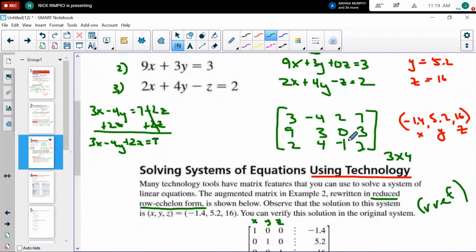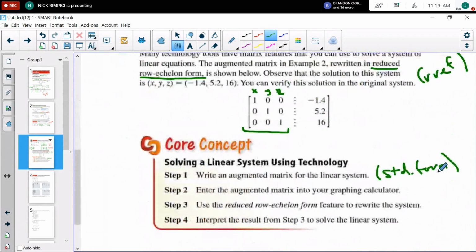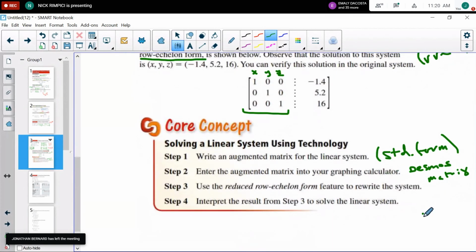Enter the augmented matrix into your graphing calculator. Well, no, we're going to enter it into Desmos matrix instead. Use the reduced row echelon form feature to rewrite the system. After we put it in, we use RREF. That's that button.